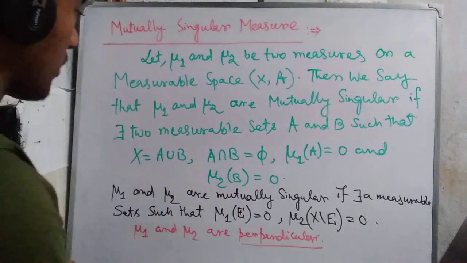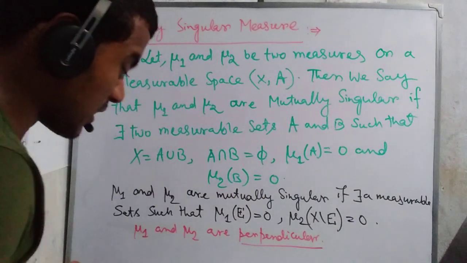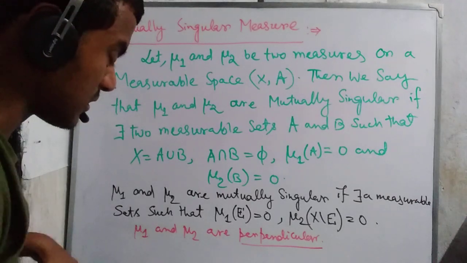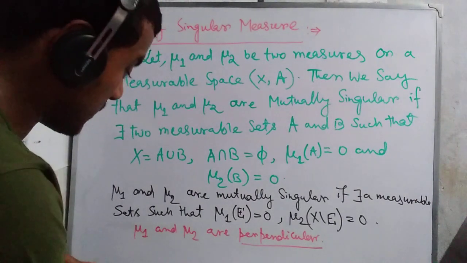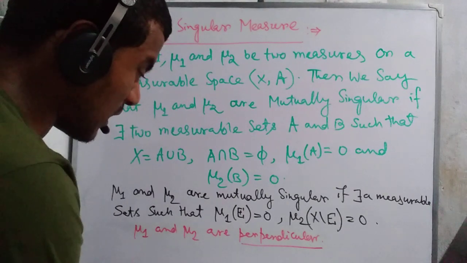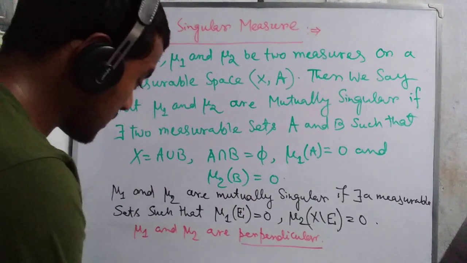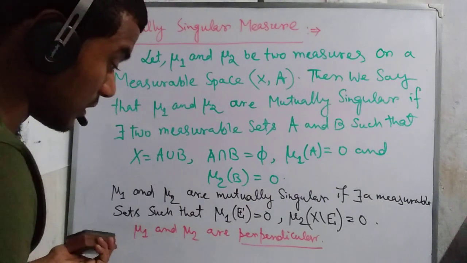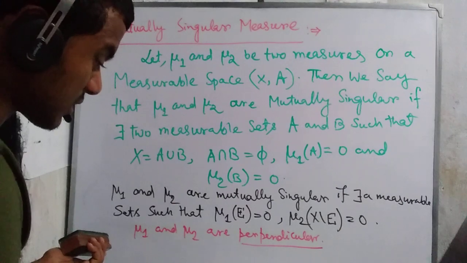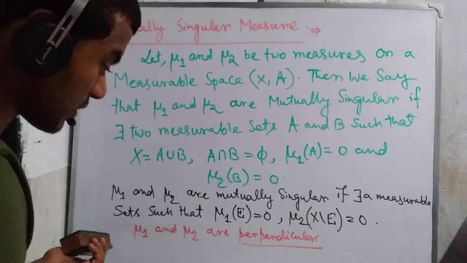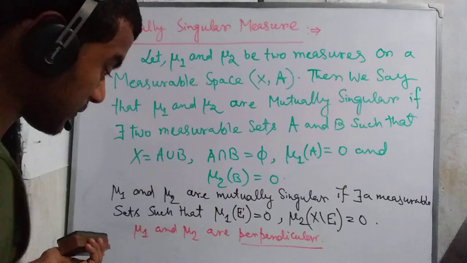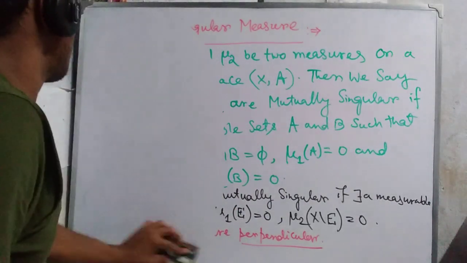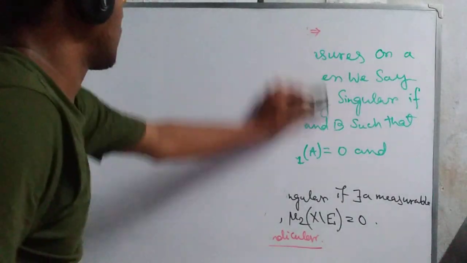Now we talk about mutually singular signed measures. So today we discussed this type of mutually singular measure, and obviously positive variation, negative variation, and total variation. Now we erase that portion and go on to the discussion of mutually singular signed measures.